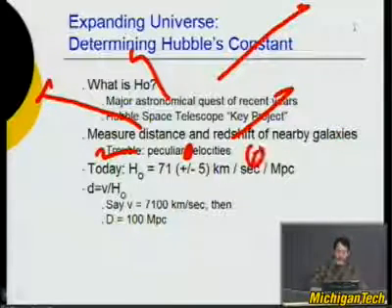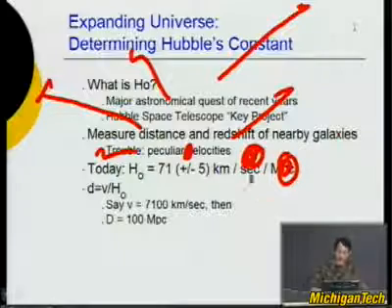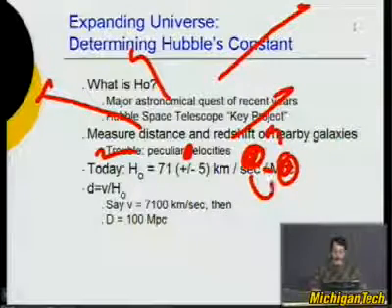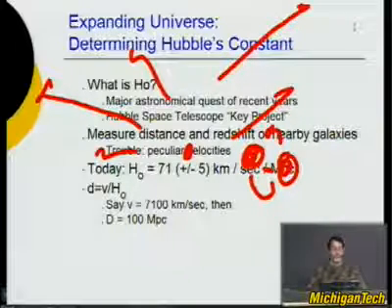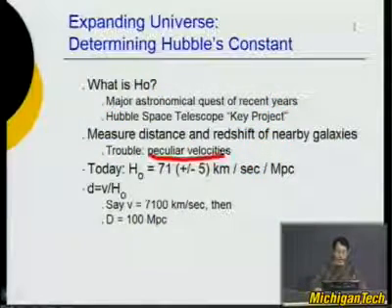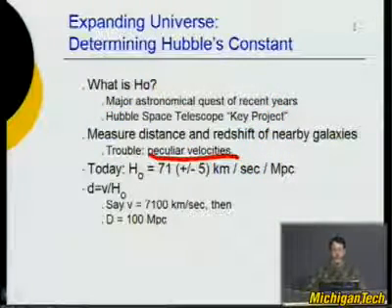However, galaxies near each other tend to attract each other and go in orbit around each other, and they develop velocities that are not part of the Hubble expansion. Those are called peculiar velocities. So it's been tough to get rid of the errors inherent in peculiar velocities in determining Hubble's constant.